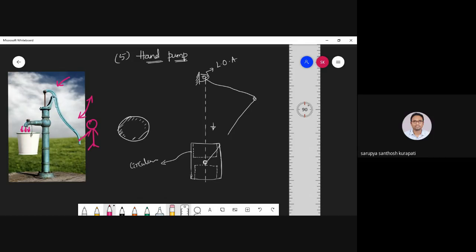Yes, sir. So what happens is there is a pressure difference inside the body in this particular link. So you are creating a vacuum. By swinging like this, you are creating a pressure difference.